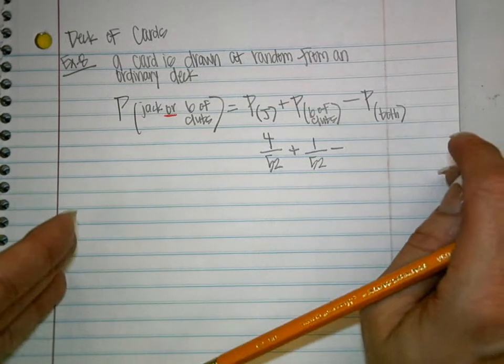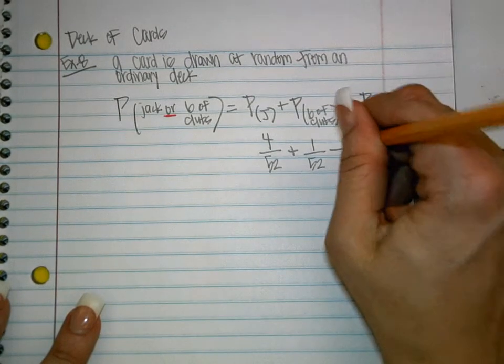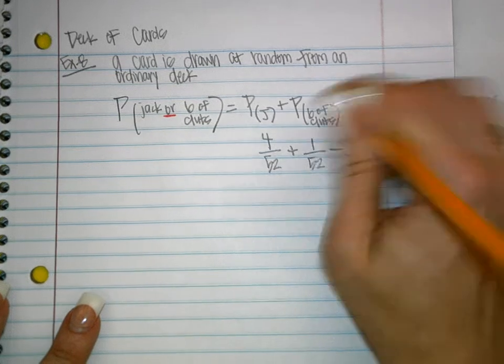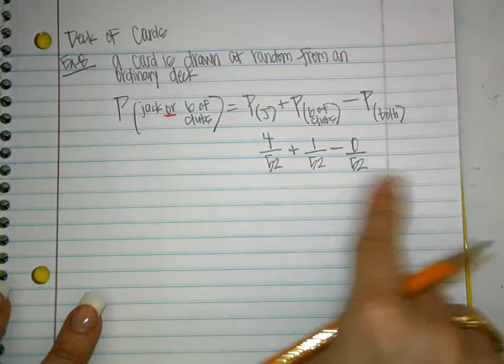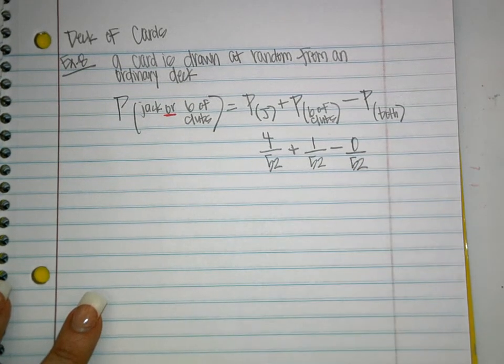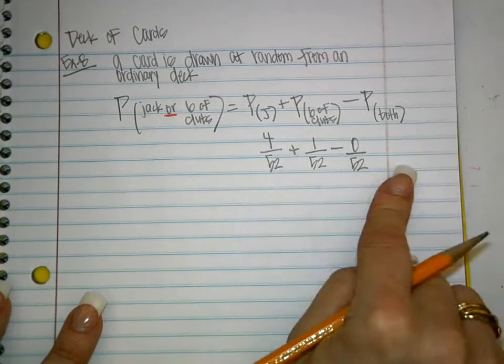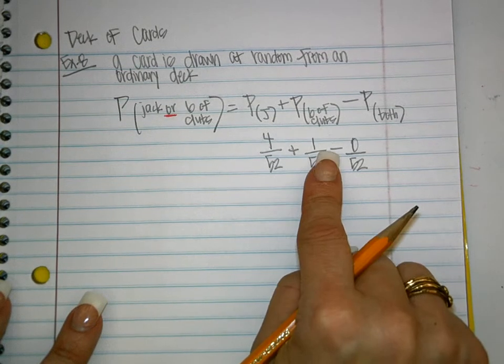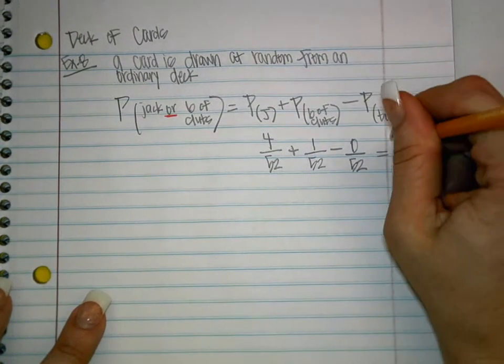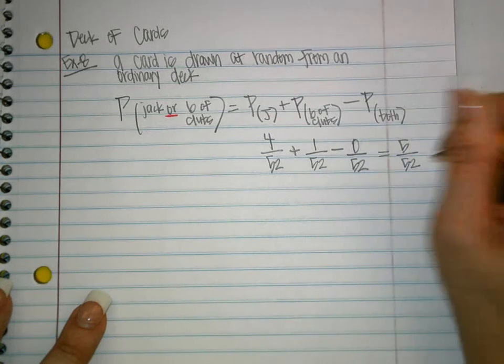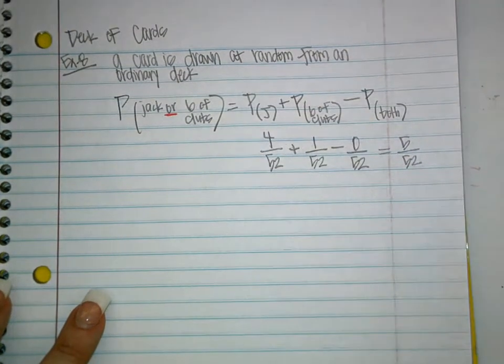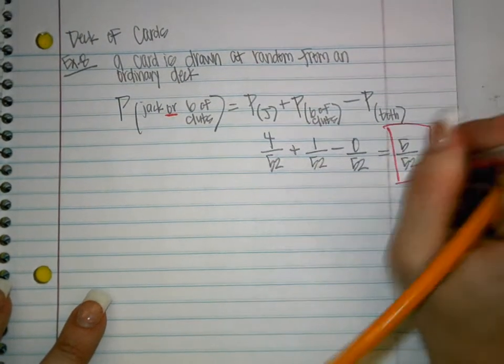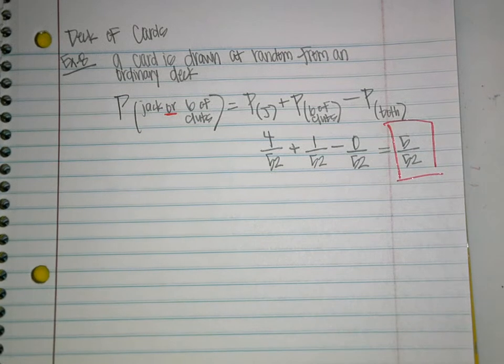No, so this is just minus 0 out of 52. There is no overlap there, but I want you to get used to always subtracting the overlap just in case there is. So when you add these together, 4 plus 1 is 5, minus 0 is still 5 out of 52. That can't be reduced, so that's your answer.